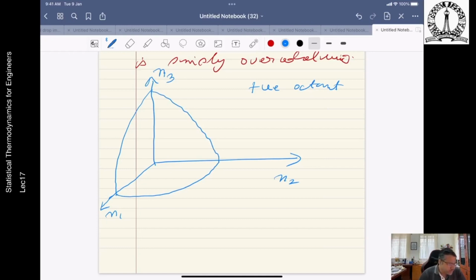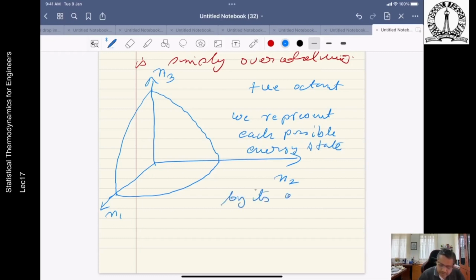This is how the representation actually happens.